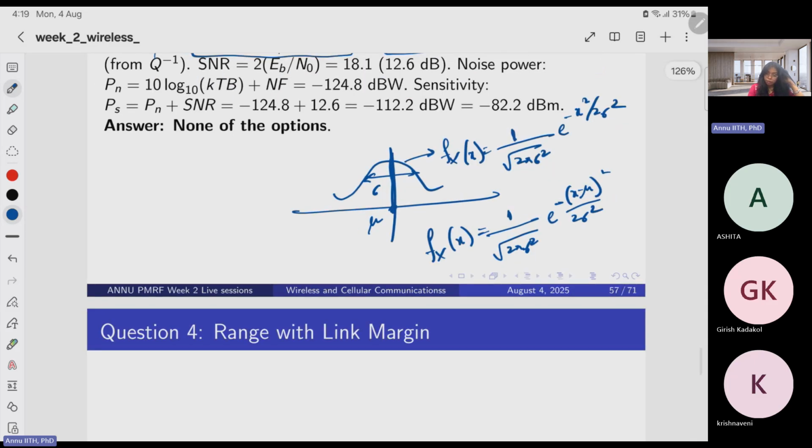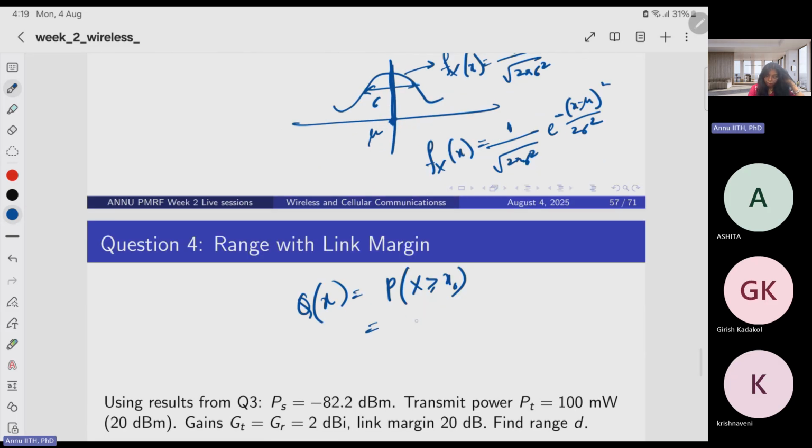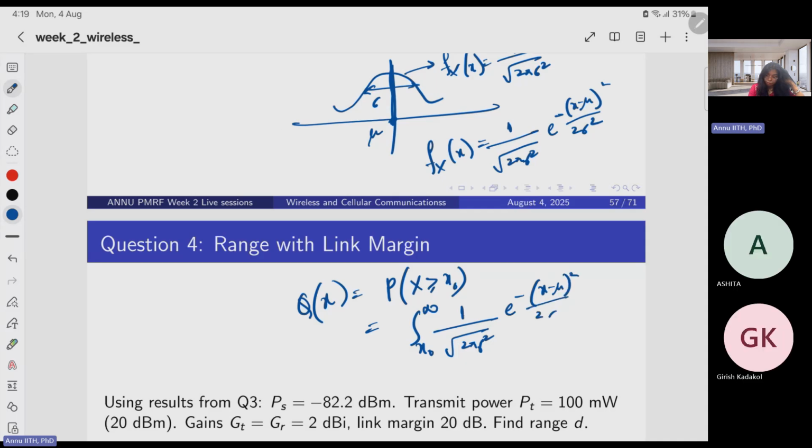Now, what is the Q function? Q of x is nothing but the probability of x greater than or equal to x naught. It equals the integral from x naught to infinity of 1 upon root over 2 pi sigma square, e power minus x minus mu whole square by 2 sigma square. So what do you expect?